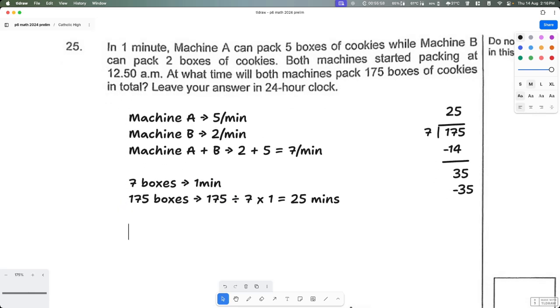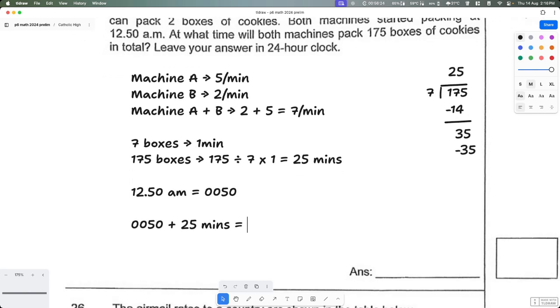Okay, so with this, we start at 12:50 a.m., which is equal to 1250. Wait, 1250 a.m. Okay, correct. 1250 a.m. is basically 0050. So that means 0050 plus 25 minutes is equal to 0050 plus 10 minutes plus 15 minutes.